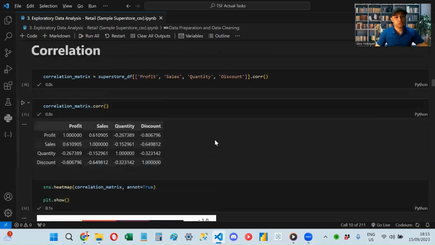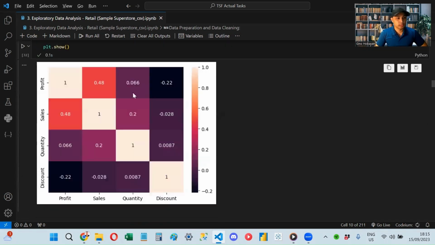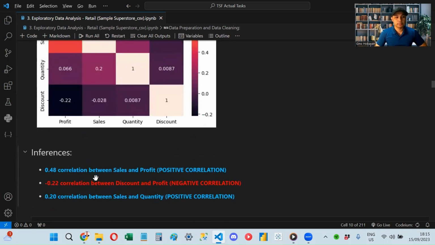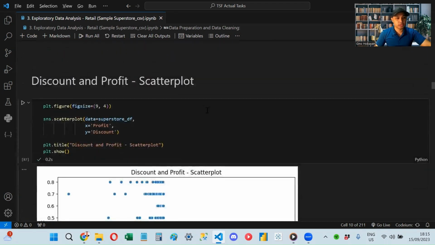Correlation: let's also find out if the columns are correlated to each other. You can see here, some of them are positively and negatively correlated. The inferences we got were that sales and profit are positively correlated, sales and quantity are positively correlated, and discount and profit are negatively correlated. Let's investigate that further using the scatter plot.